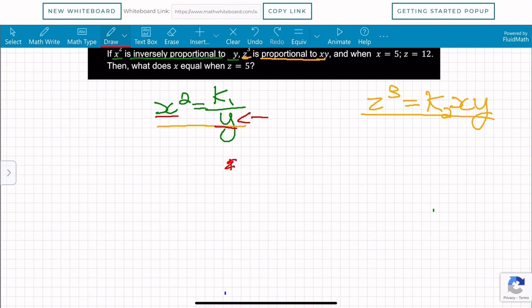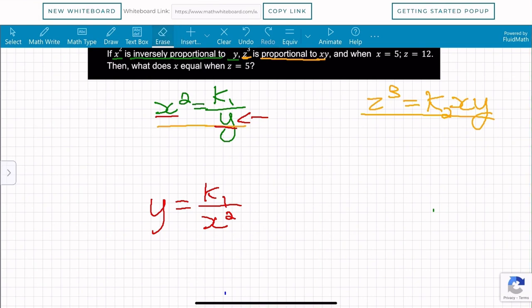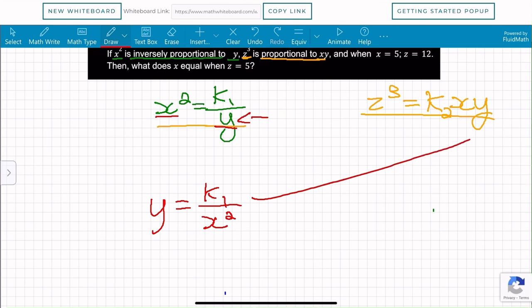So we're just going to rewrite this as y equals the constant 1 over x squared. And there, we just flipped them over. Pretty simple like that. And it works because, if you do the math yourself, you should be able to figure it out.